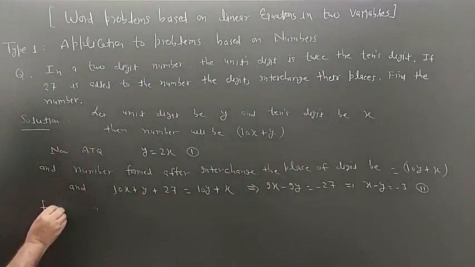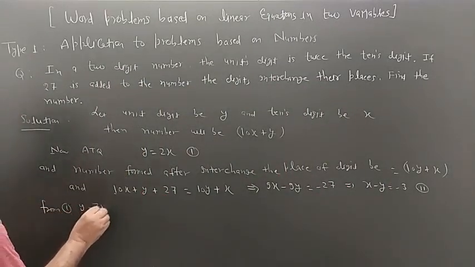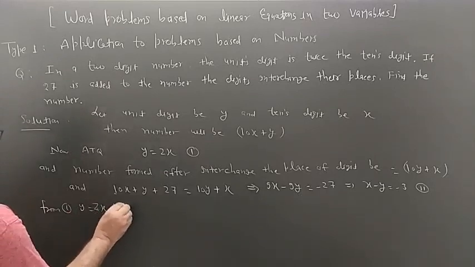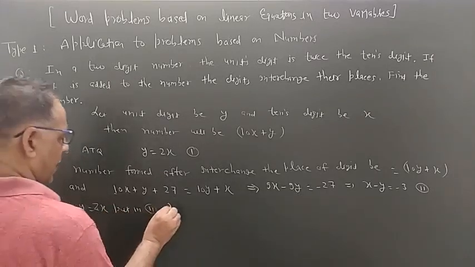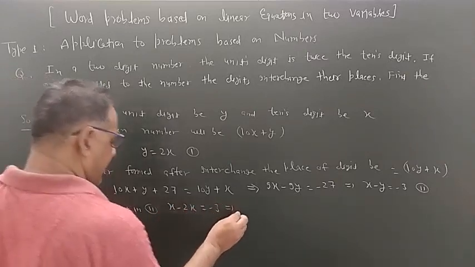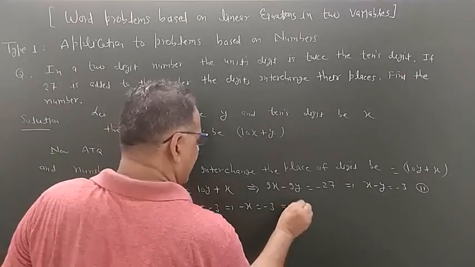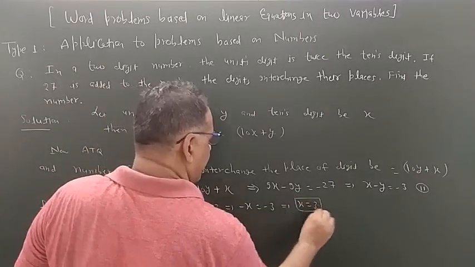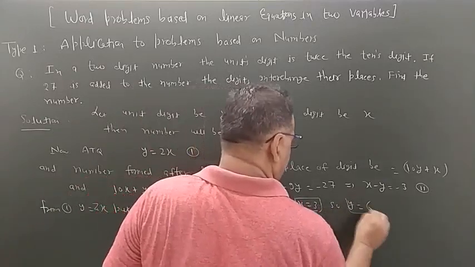From first, y equal to 2x, put in second. So x minus 2x equal to minus 3, minus x equal to minus 3, x equal to 3, so y equal to 6.